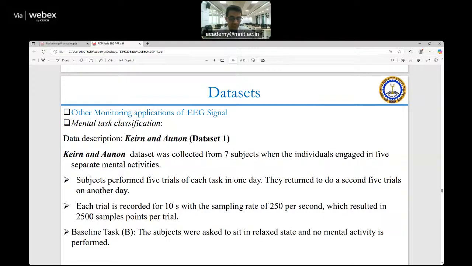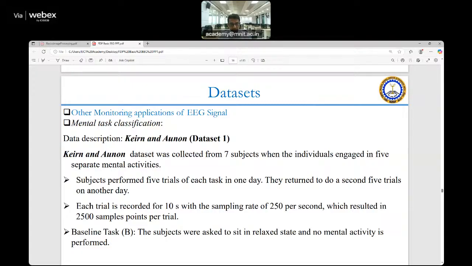Then another day they returned for the second 5. Each trial is recorded for 10 seconds with a sampling rate of 250 per second, so we are taking 2500 sample points per trial.